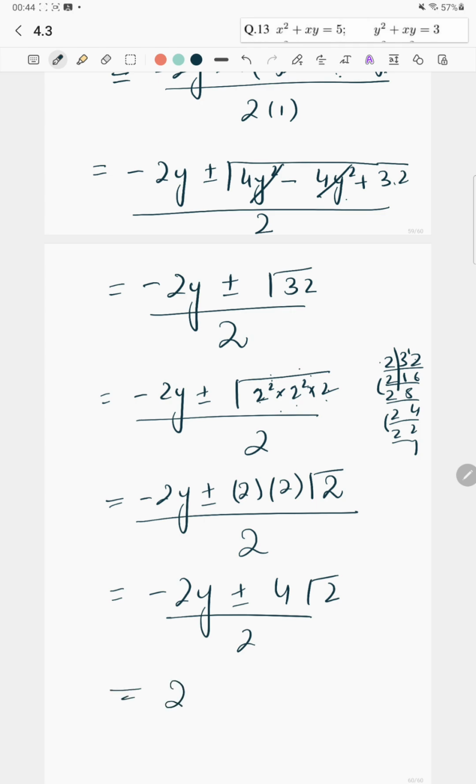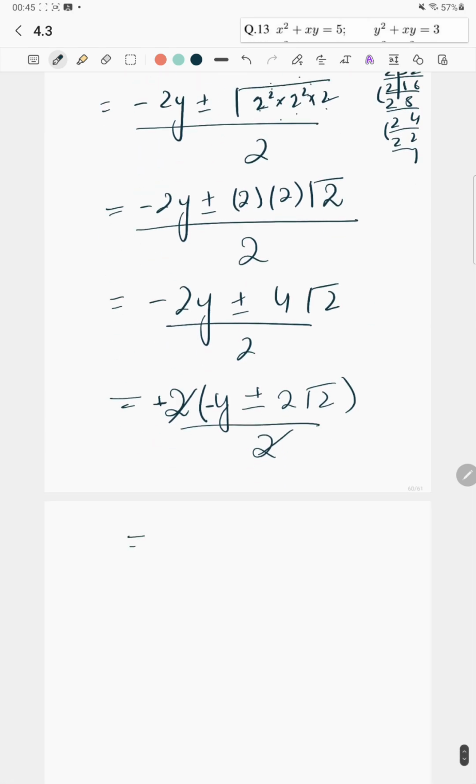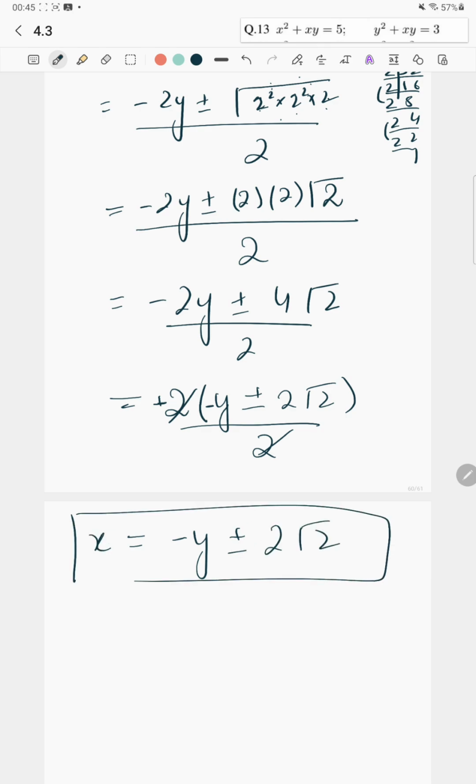So I will take 2 common, and I will get 2 times (minus y plus minus 2 square root 2), divided by 2. So 2 is cancelled with 2, and I will get minus y plus minus 2 square root 2, which is equal to x.